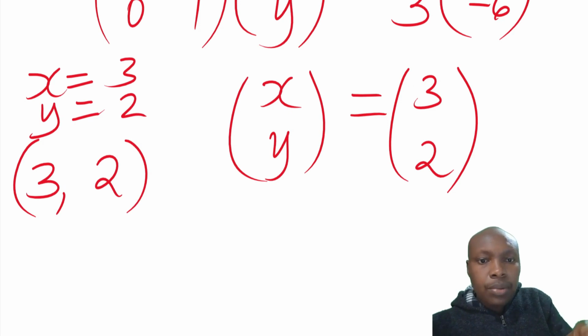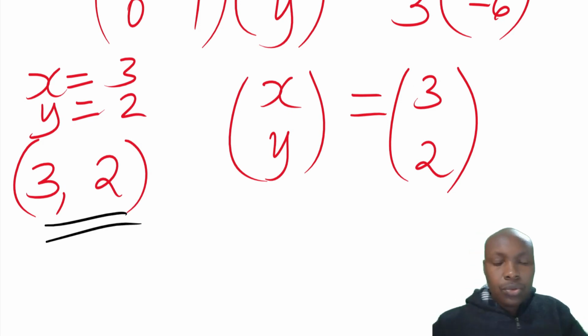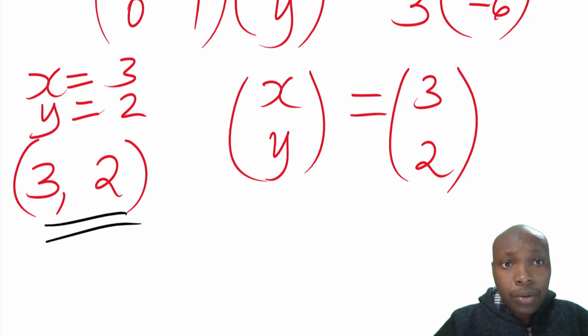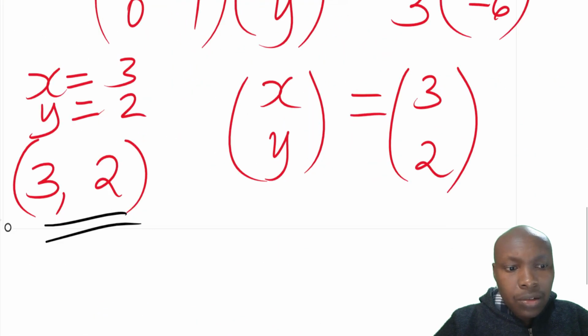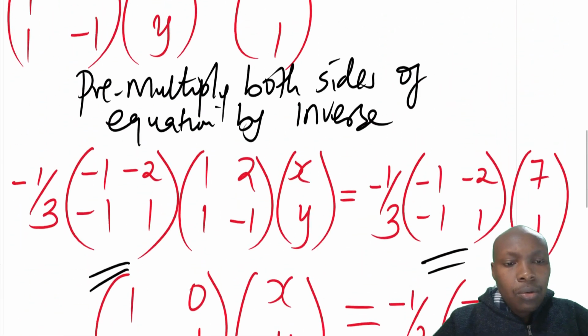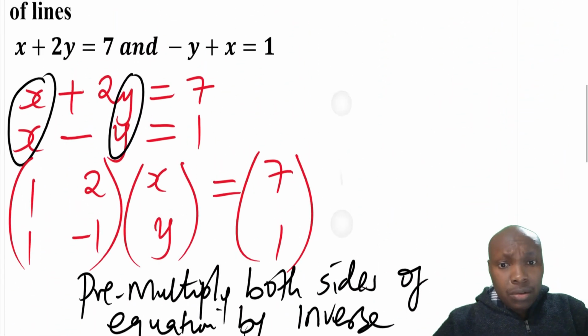That is how you solve the second part of the question: to get the point of intersection, we solve the equations simultaneously to get the values of x and y.